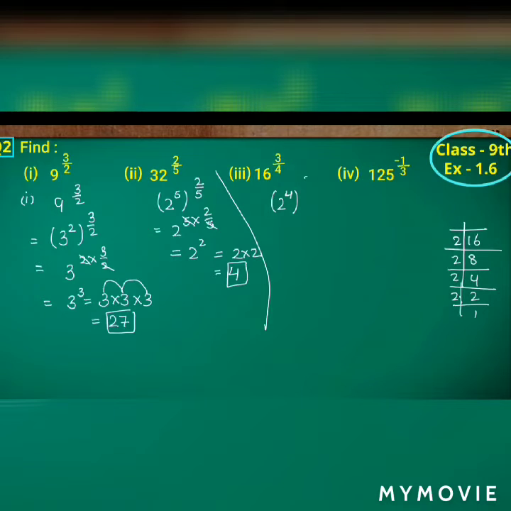So again, it is in the form of (a power m) whole power n, which equals a power m into n, that is 2 power 4 into 3 by 4. 4 and 4 will get cancelled. What else will remain here? 2 power 3. So 2 power 3 can be taken as 2 into 2 into 2, that is 2 2s are 4, 4 2s are 8.